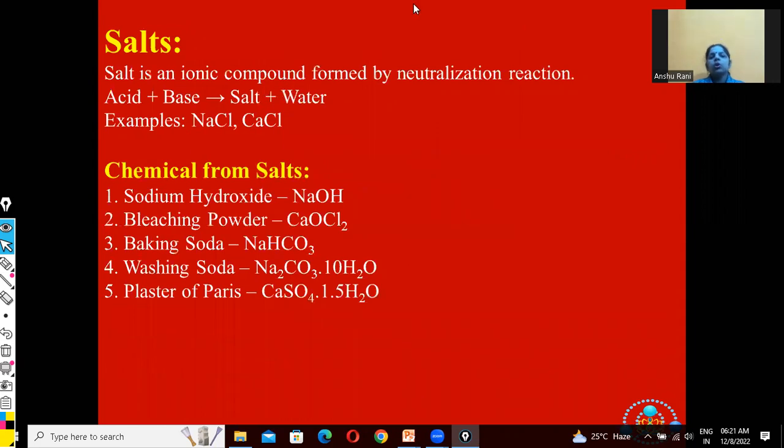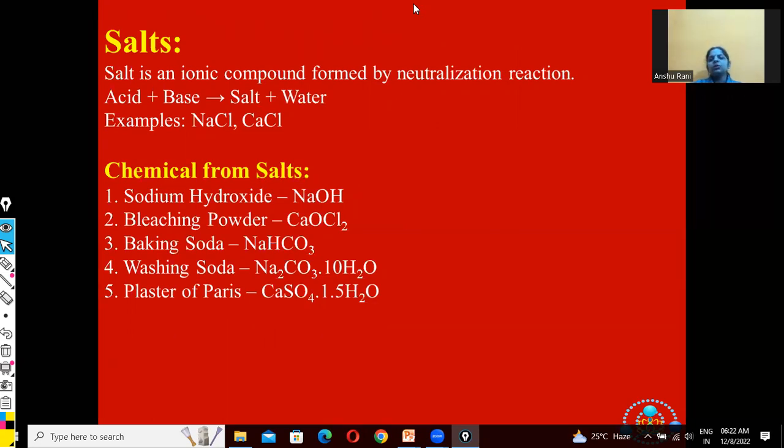Salt is formed by neutralization of acid and base. You must have heard about Gandhiji's Dandi March, in which he prepared salt by breaking the salt rule made by the Britishers. What we did to make the salt from seawater, by the process of evaporation, we get raw salt. Then we need to purify it by the process of crystallization.